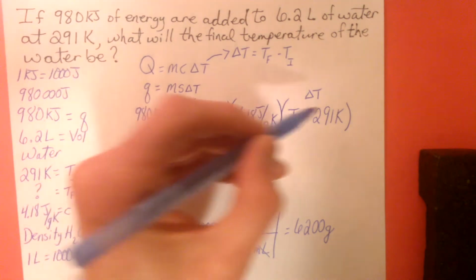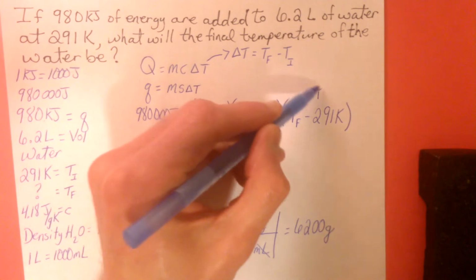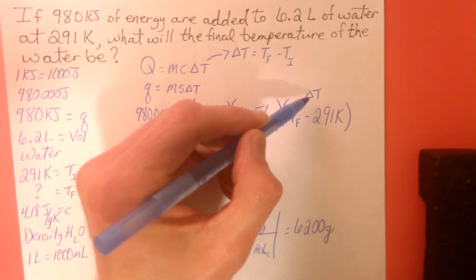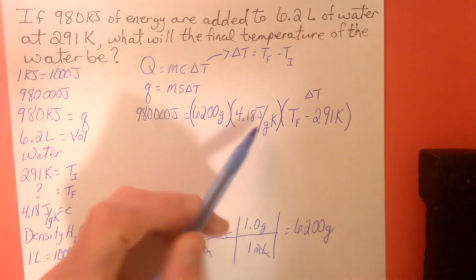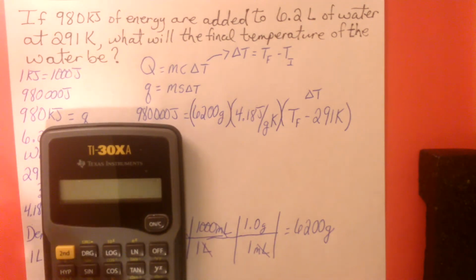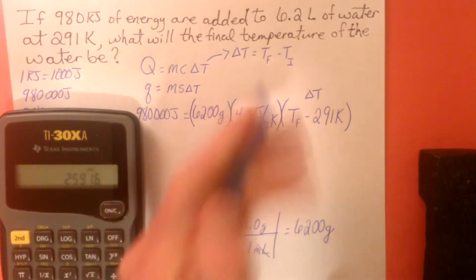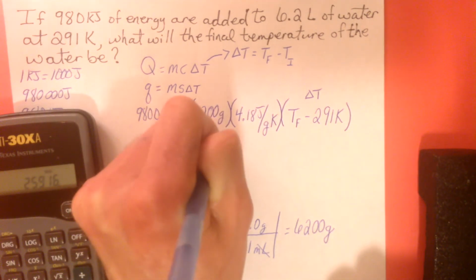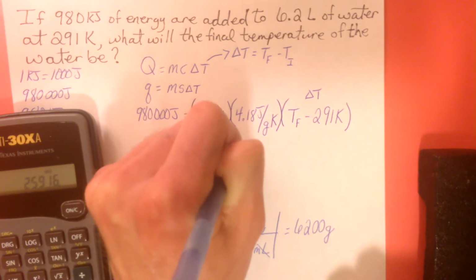I'm going to leave delta T in this equation, because then I don't have to do as much distribution. So here on my calculator, I do 6,200 times 4.18, and I get 25,916.